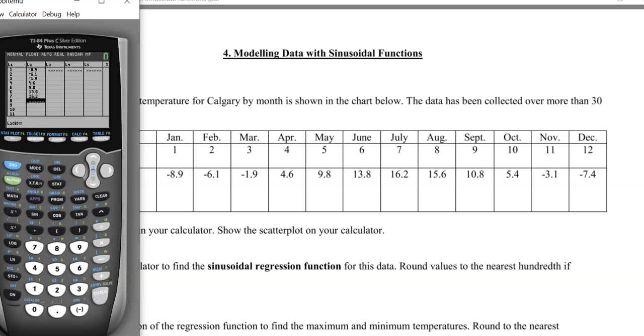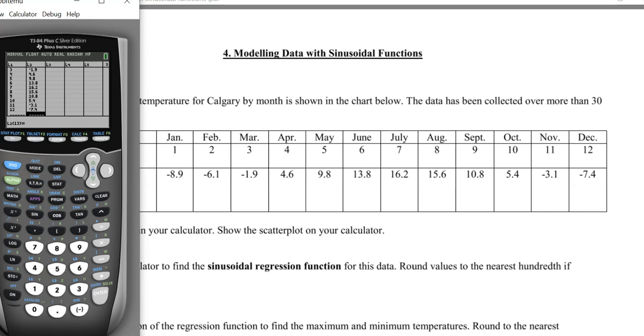So that's when we're going to max out our temperature, in July, and then it's going to start to cool off again. So in August, not much cooler, 15.6 degrees. September, 10.8. October, 5.4. November, negative 3.1. And December, negative 7.4. Right, as we start to get colder.